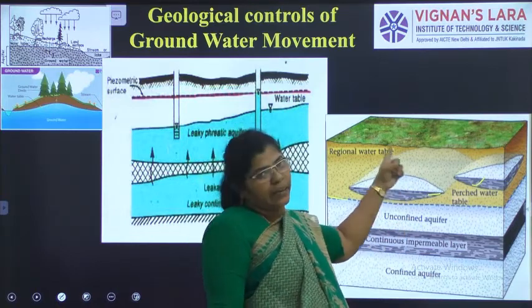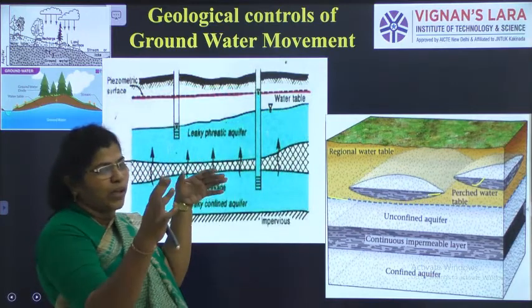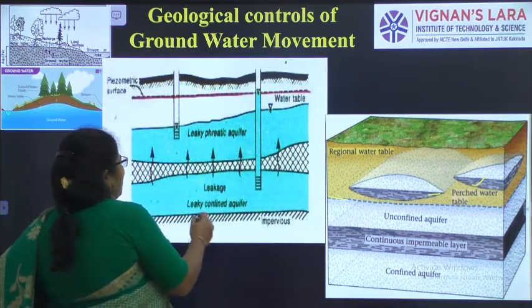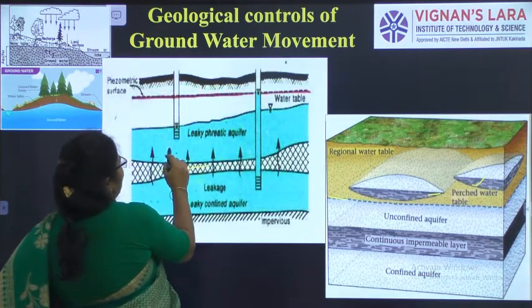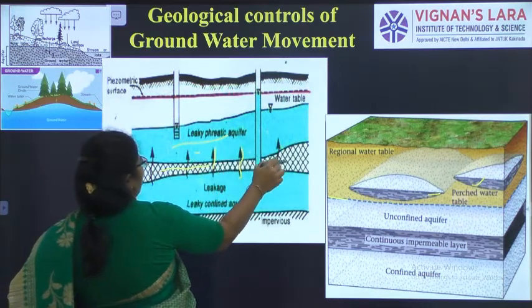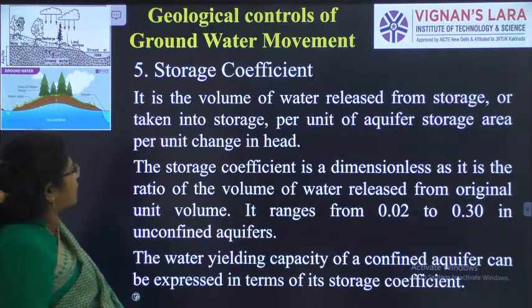Here it is found in the unsaturated zone in the form of a bowl-like thing. We call it a perched aquifer. So you can see here there will be an aquitard which has leaky layers, right? Due to this, some water will leak into it. We call it a leaky aquifer.